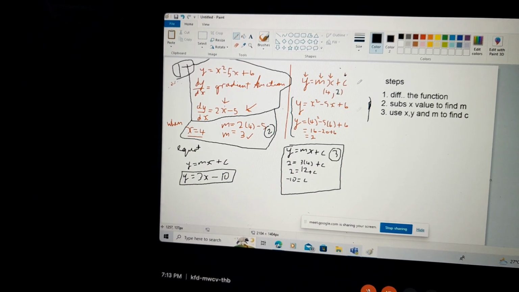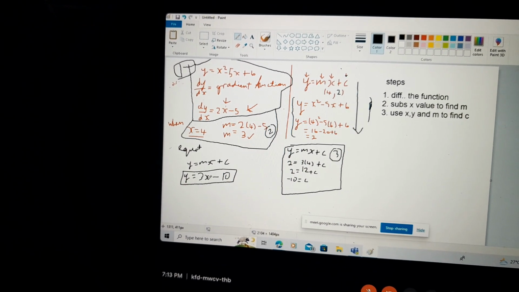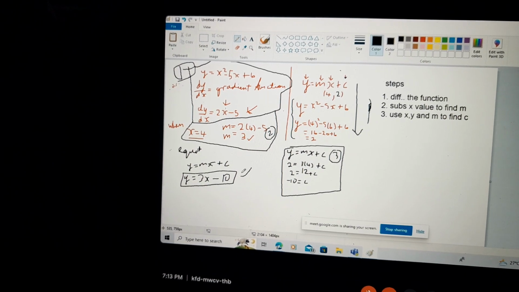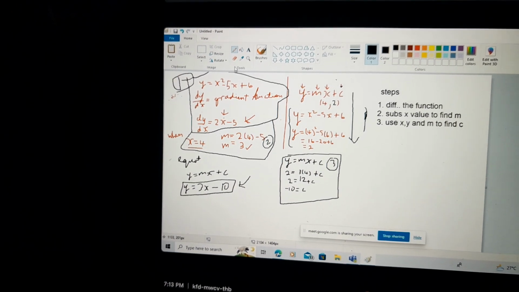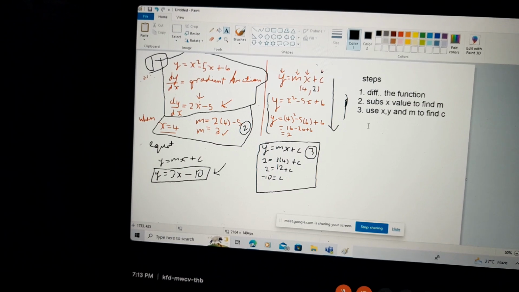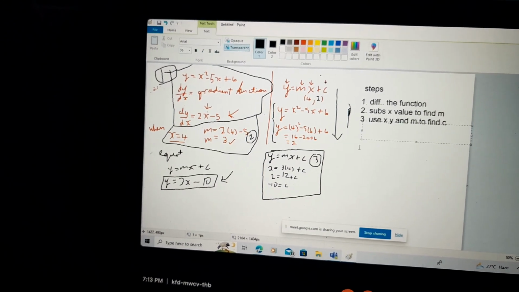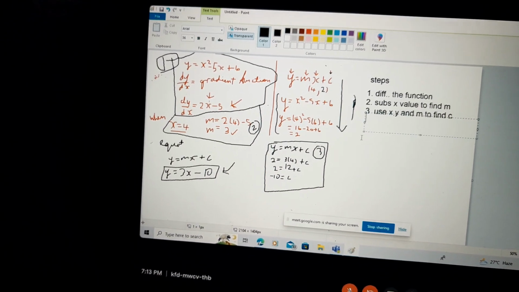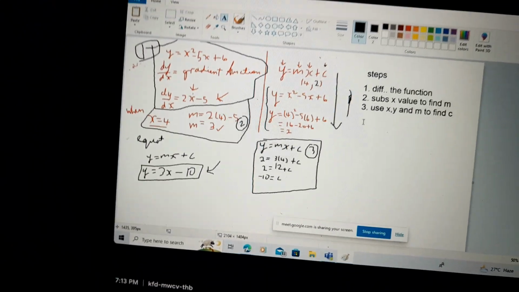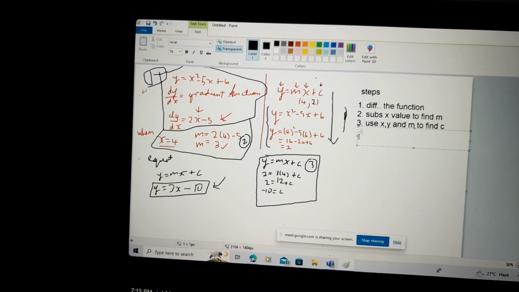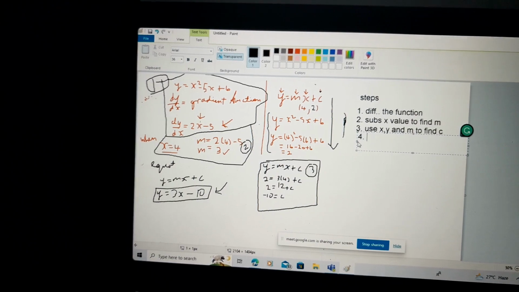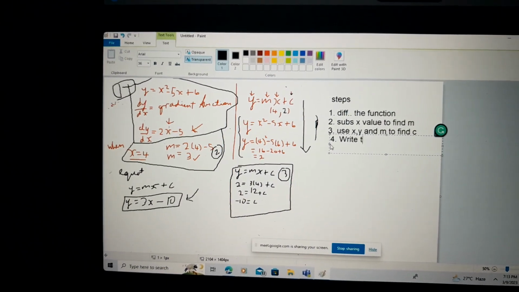This is just a passing step, as I said. And writing the equation would be step 4. Are we good with this? Are we good with this? Yes, sir.